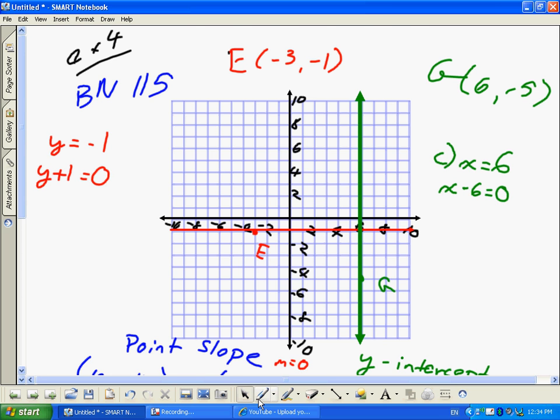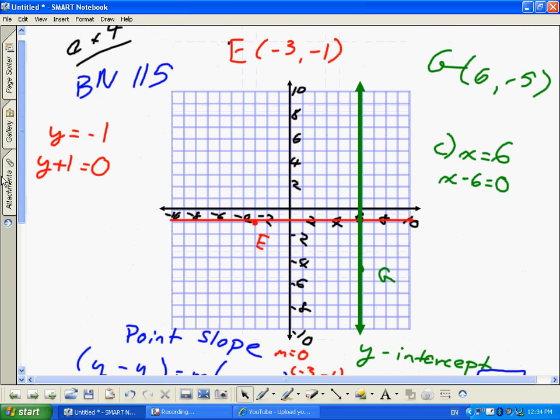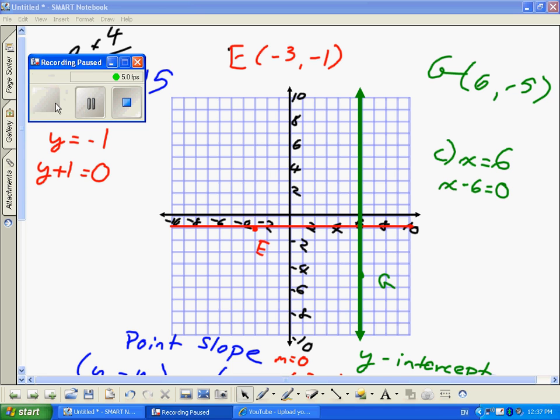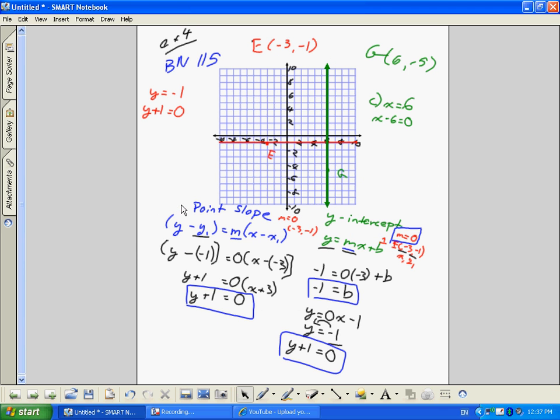So instead of actually doing all the work we did to solve it, we could have thought logically through this question. Anytime we have horizontal, y equals whatever number the line's on the y-axis. And anytime we have a vertical one, x equals whatever number we're on the x-axis. Okay, that's that.